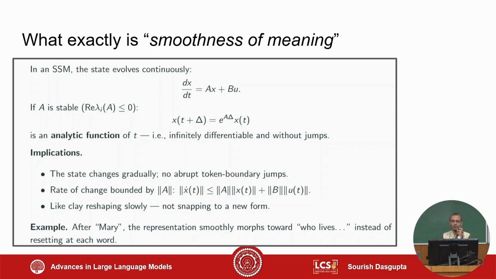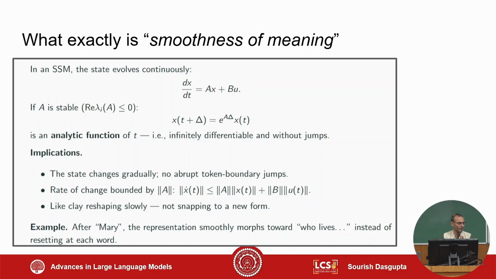And it's not like how you make a snowman at Christmas time. You make a snowball, you make a smaller snowball, you put it on top of the bigger snowball, and you put a carrot as a nose. No, that's what an RNN would be doing. That's not how SSMs work.